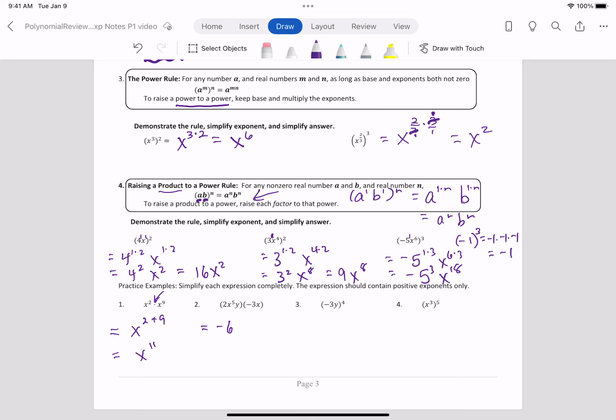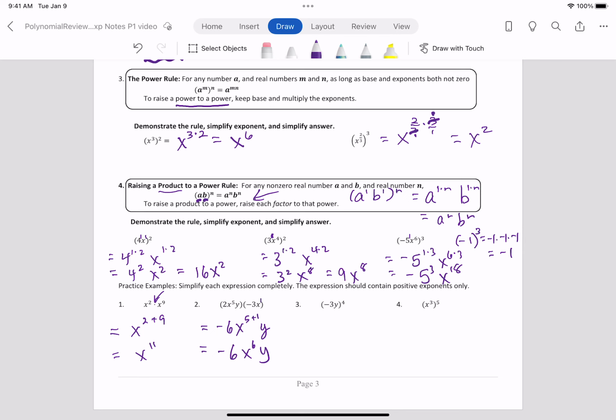If I have x to the 5th times x to the 1st, those are like bases being multiplied, so we're going to add the exponents. And you notice the second term, the negative 3x, there's not a y. So we're just going to bring down the y that's in the first parenthesis. So then the final answer is just negative 6, x to the 6, y.